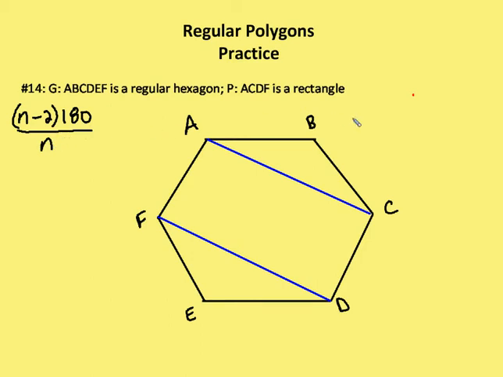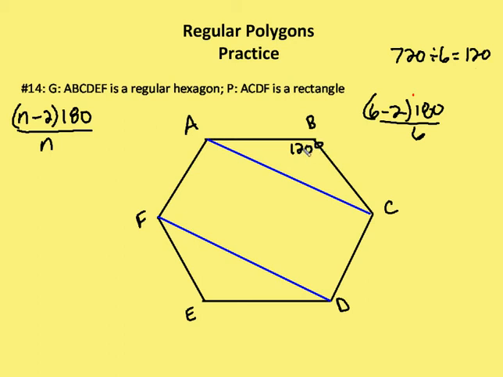In this case, I have a regular hexagon, so it's 6 minus 2 times 180 all over 6. 6 minus 2 is 4. 4 times 180 is 720. 720 divided by 6 leaves me with 120 degrees per interior angle.